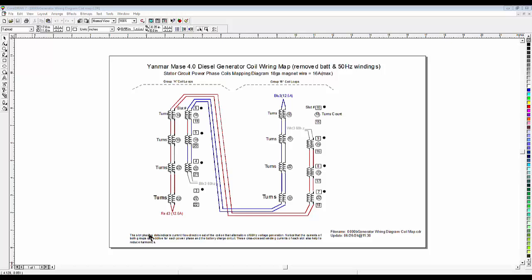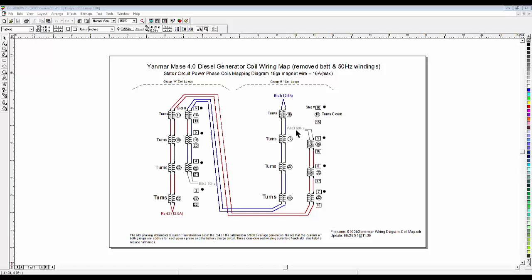Now what we can see is the note down here says the dot indicates the current flow direction out of the coil on that alternation. So on the first alternation, current's going to be going up, the dot's out of the coil. Current's going to be going up in the red phase, and it's still going up in the other 3 windings of the red phase.